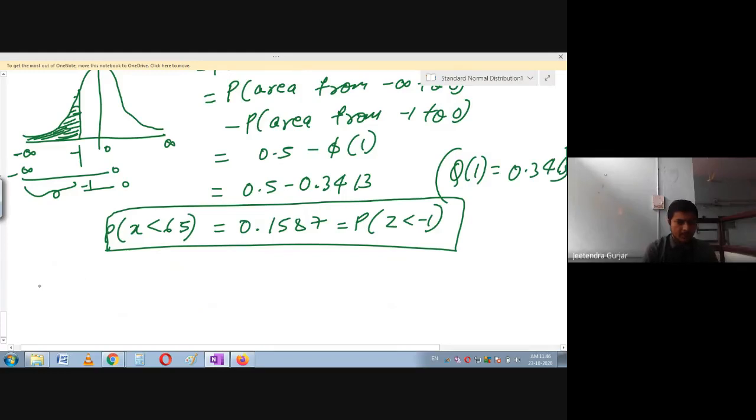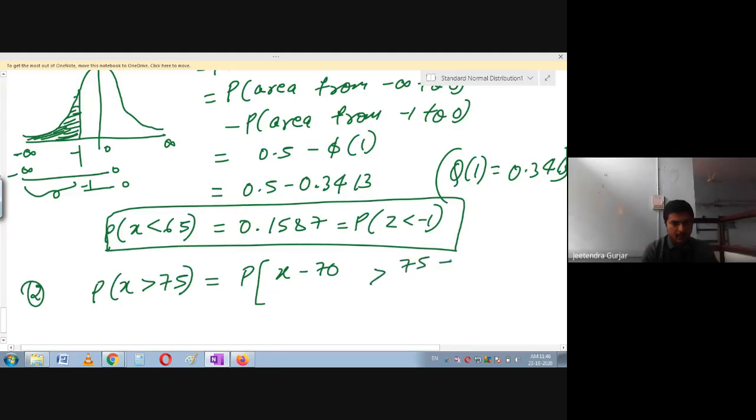What are we going to calculate, students? They have told you that probability of x is greater than 75. Please convert x into z. So I'm going to take this as probability. X I will keep as it is and subtract 70. Similarly here also, this is 75.